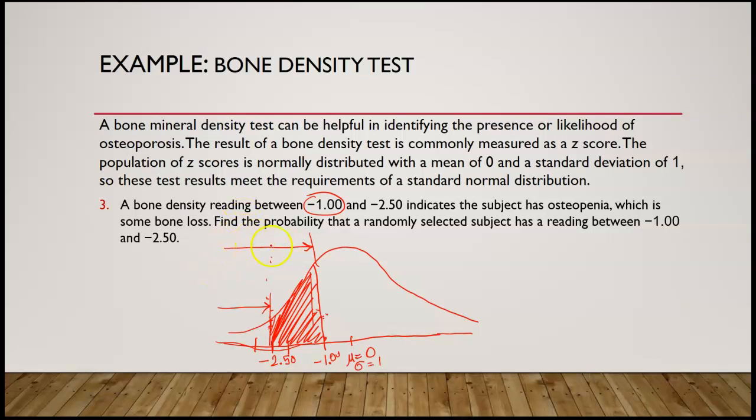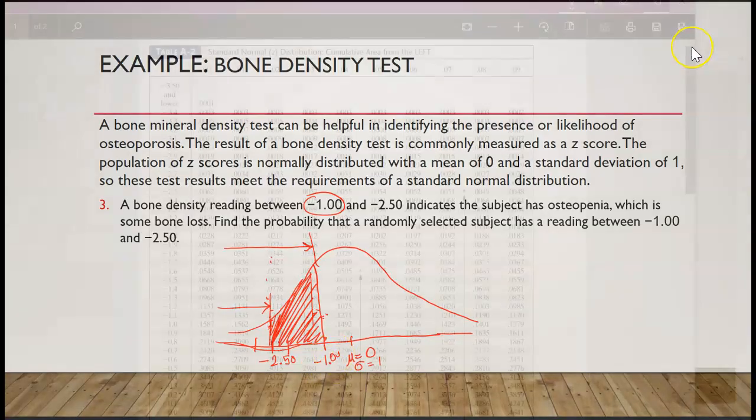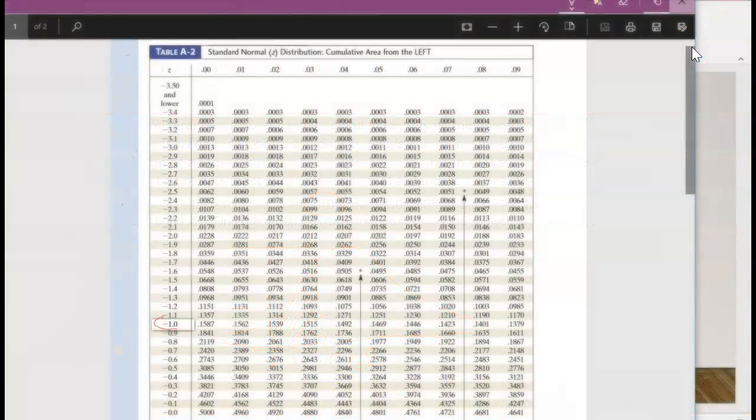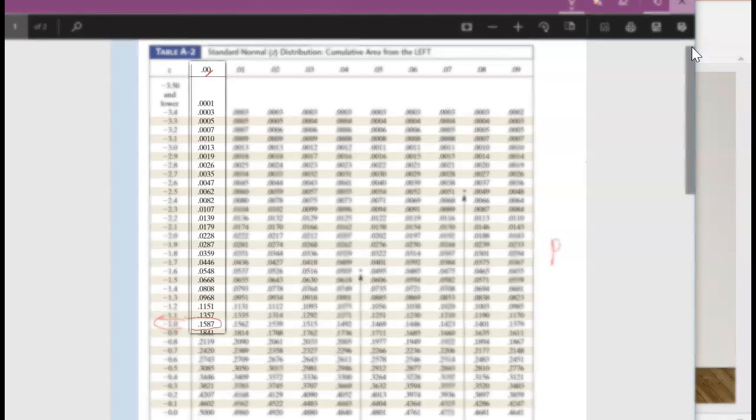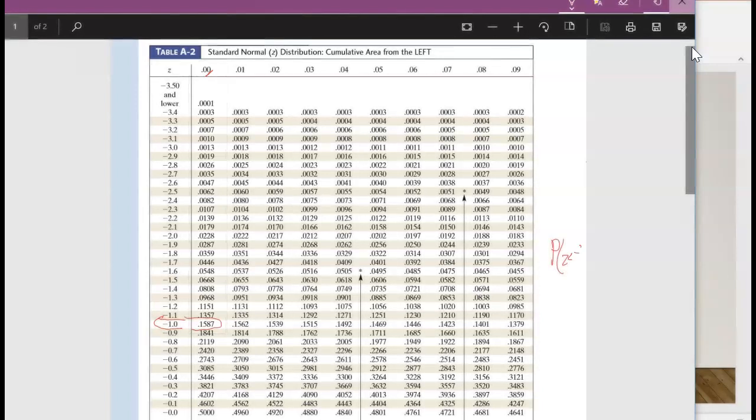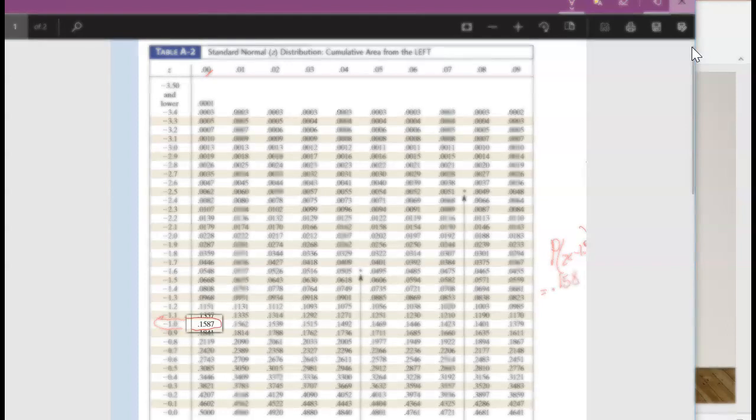So let's first find the probability of z negative 1.0. Negative 1.0 is on the left of the table, and the second decimal is also 0. So P of z less than negative 1.0 is equal to 0.1587.